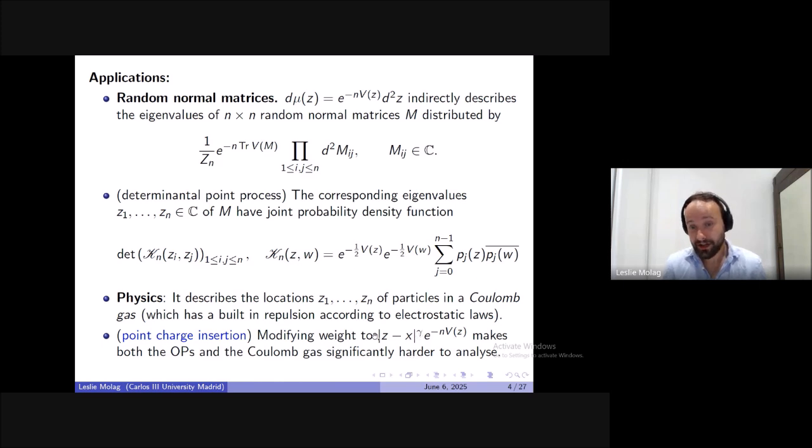This factor describes a charge at location x, with some intensity that's determined by gamma, and physically that corresponds to a point charge insertion. In general, this makes the model harder to analyze. So this will be one of our main focuses.